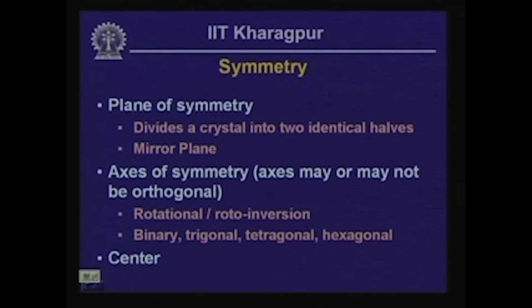In binary symmetry, if we rotate the mineral about the axis of symmetry, an identical physical appearance repeats after the mineral rotates by 180 degrees. In tetragonal symmetry, the identical pattern repeats after every 90-degree rotation, whereas hexagonal symmetry involves repetition after every 60-degree rotation.